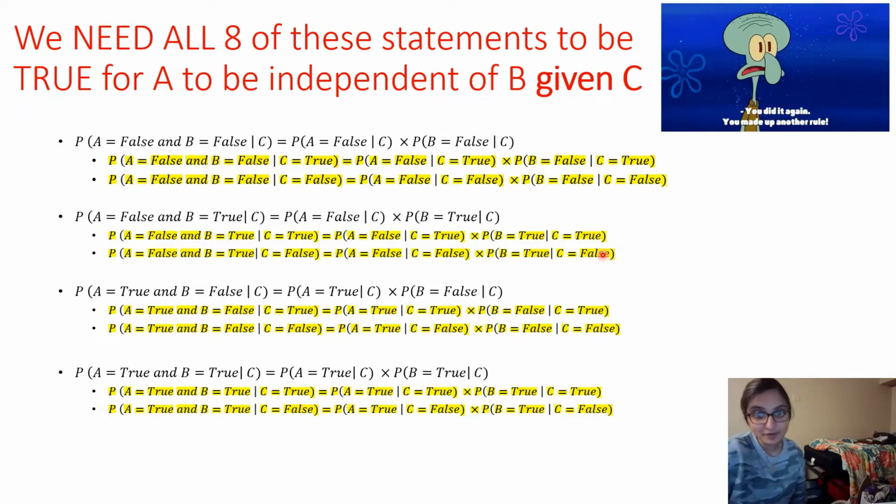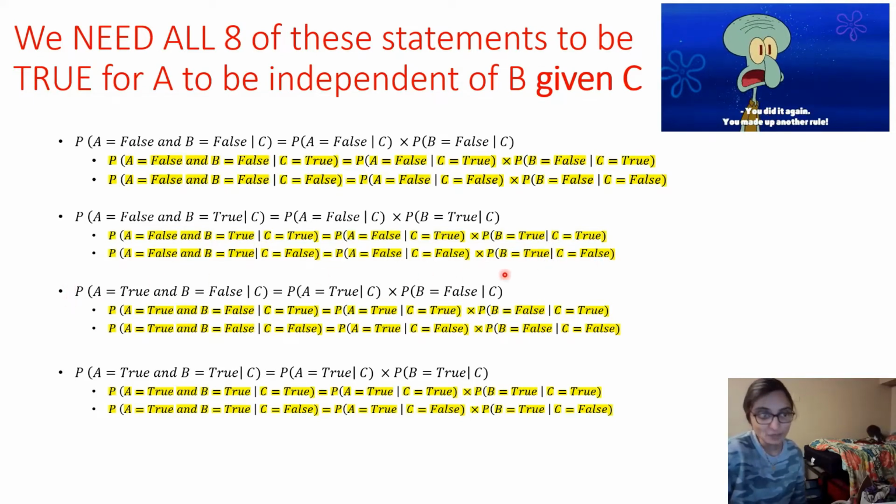But then C could be false, and then all we have to do is change this value of C to false, which is what we do on the second part here. We're seeing the probability A is false and B is true, given that C is instead false. Is that equal to the probability A is false given C is false multiplied by the probability B is true given that C is false?